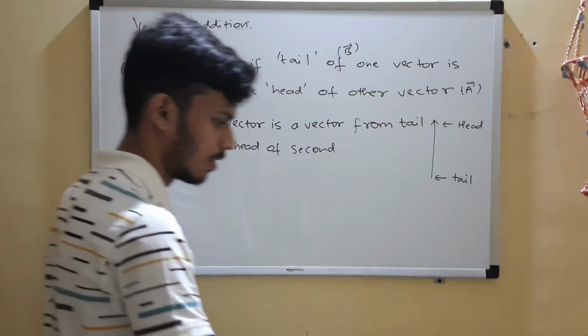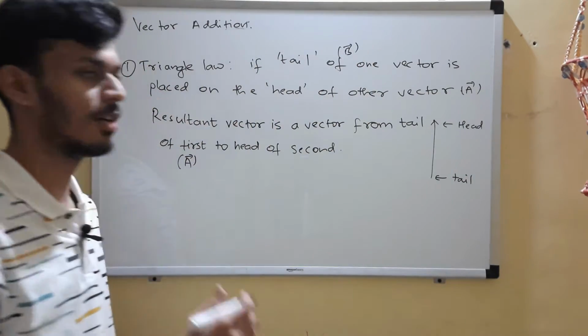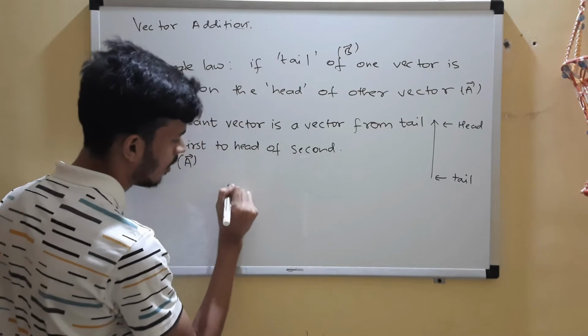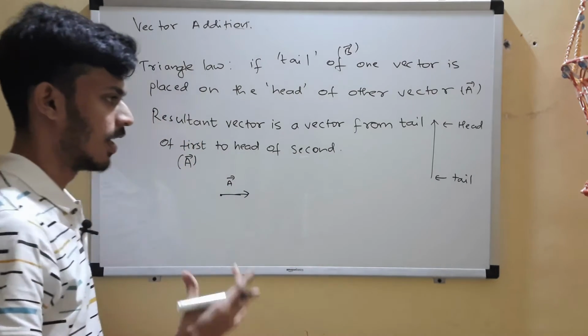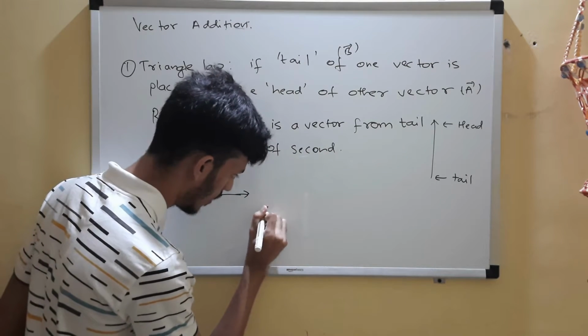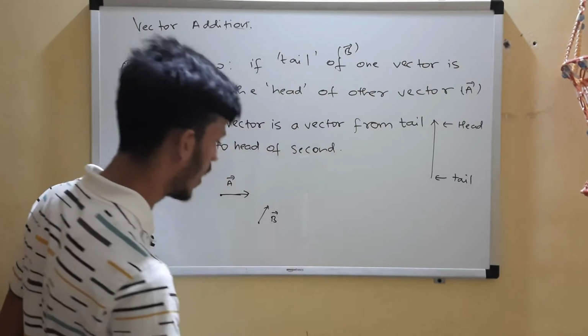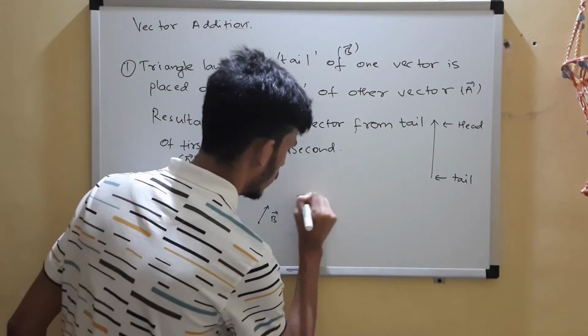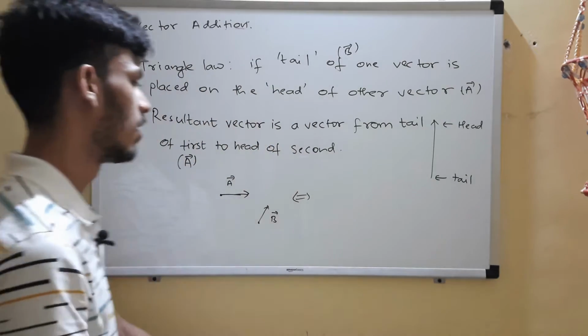Now let's try to find the resultant of some vectors, though this type of question won't be asked, just to develop an intuition for this. If you have these A and B vectors, how will you find the resultant using the triangle law? If you want to try it, you can go ahead.